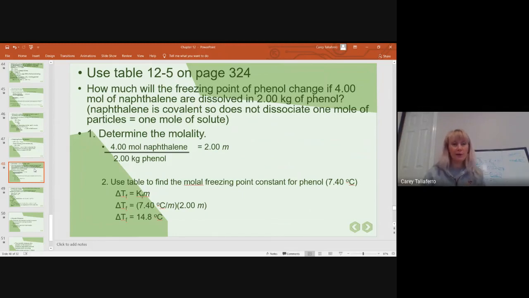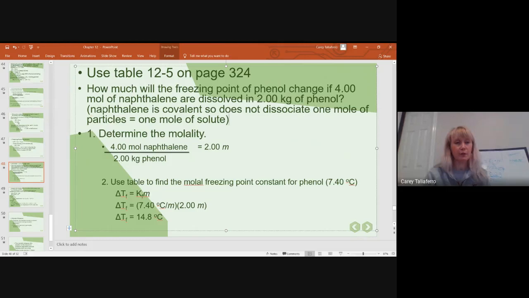We're going to use naphthalene again, but instead of acetone like we did before, we're going to use phenol. All right. So how much will the freezing point of phenol change if 4 moles of naphthalene are dissolved in 2 kilograms of phenol?